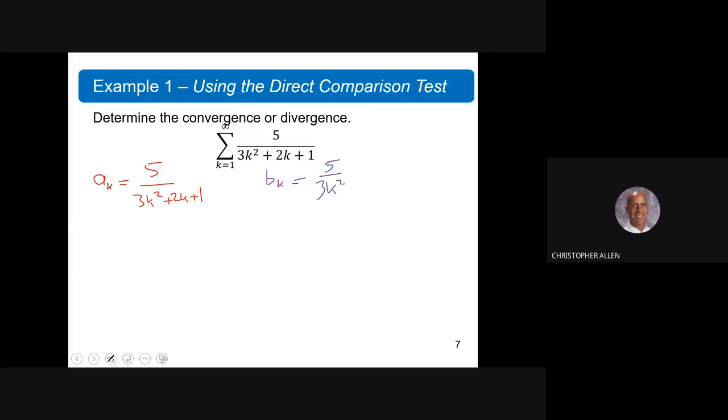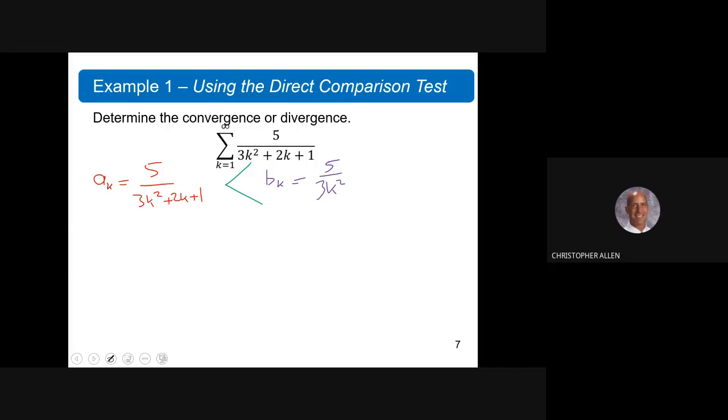All right. Now, very important question. Would you guys agree, I'll do this in green, that that is true? Would you agree that all of these terms have to be less than all of these terms? It has to be true, and let me explain why.